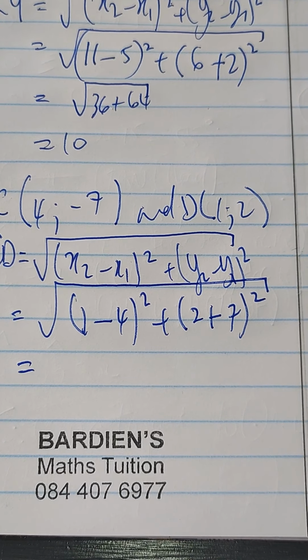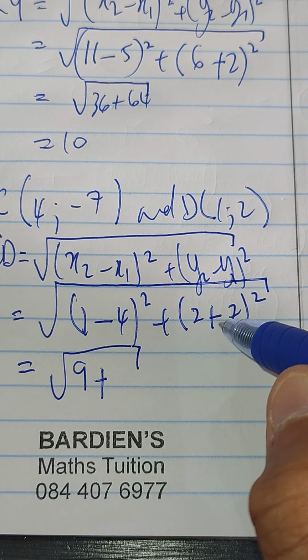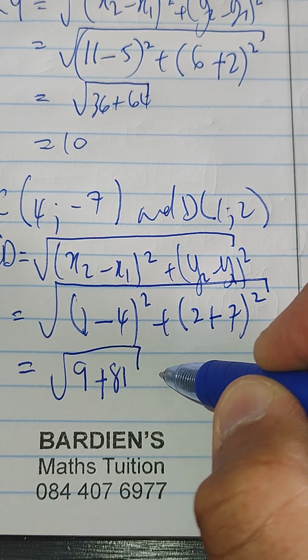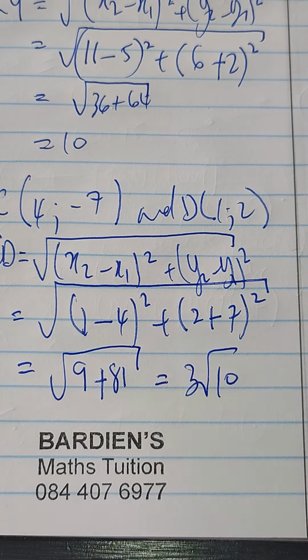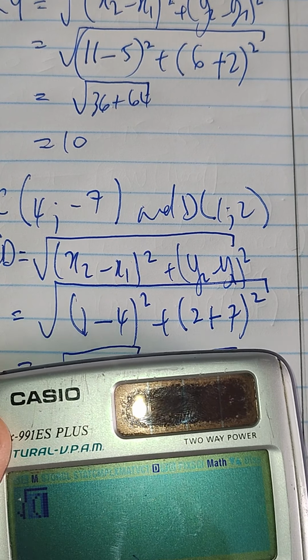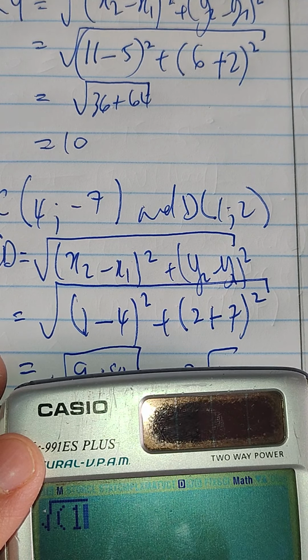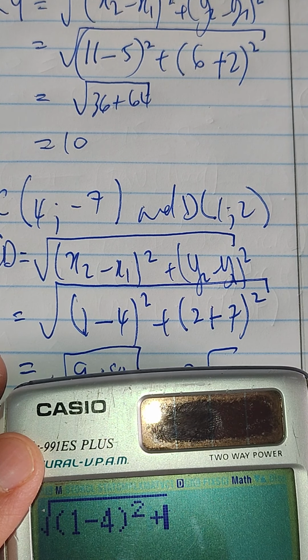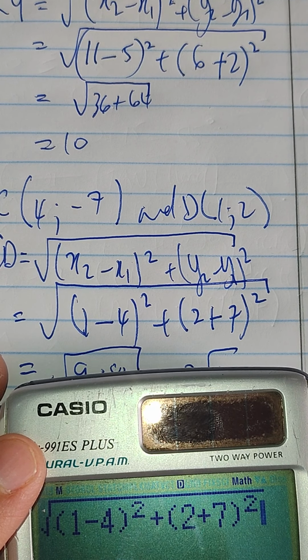Okay, so that's going to give you the square root of 9 plus 81, is 90, is 3 root 10. Okay, let's just check. So it's the square root of (1 minus 4) squared plus (2 plus 7) squared, 3 root 10. Okay.